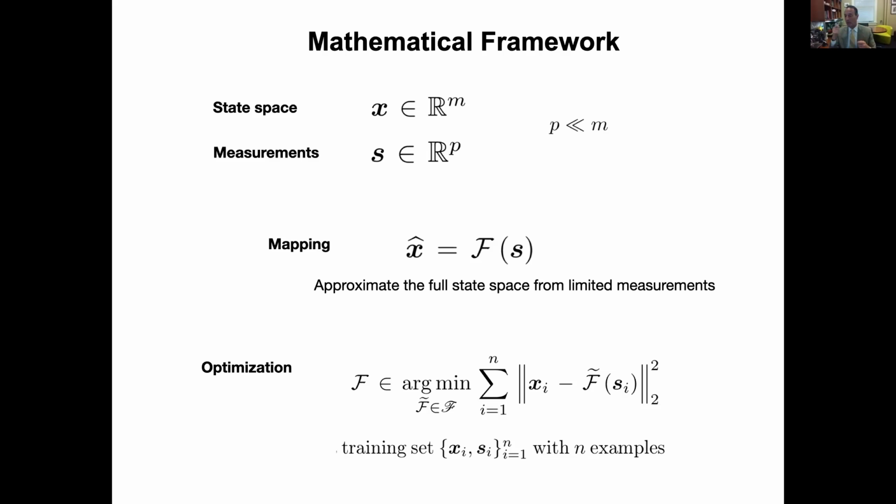So in other words, every sensor location should map out to what its actual state space measurement is. And I want to learn a map that does this, and I want to find the best F that does this. Okay, so that's the optimization framework we want to do. We want to learn how to take sensor measurements to full state measurements. That's the objective of the sensor problem.